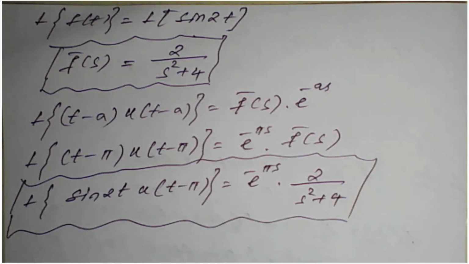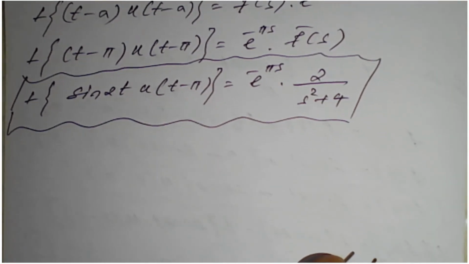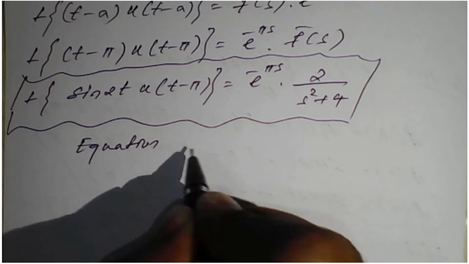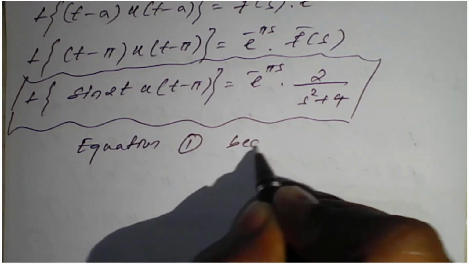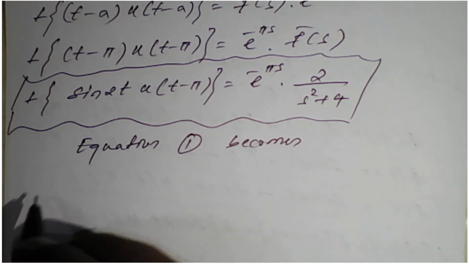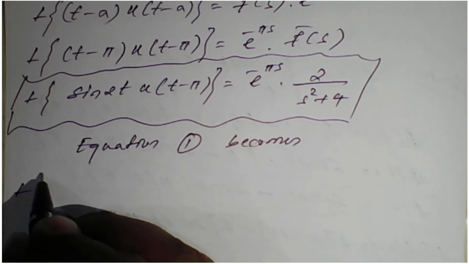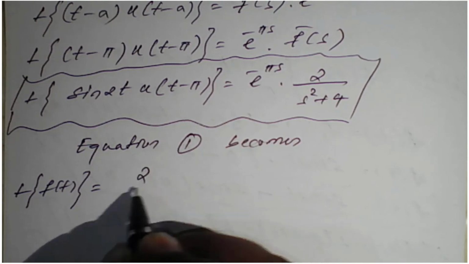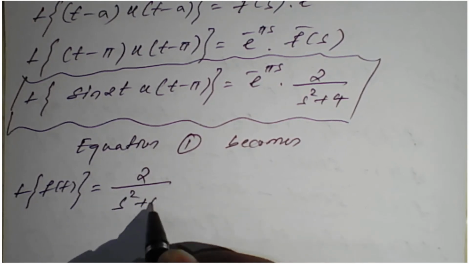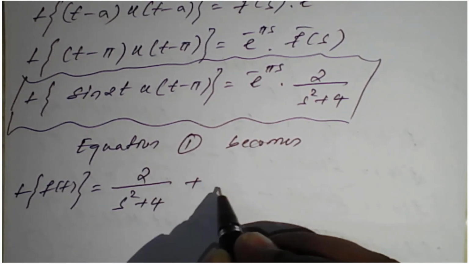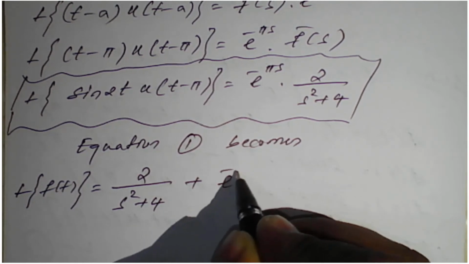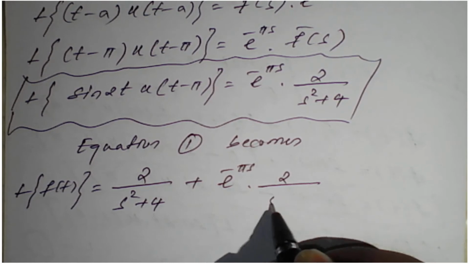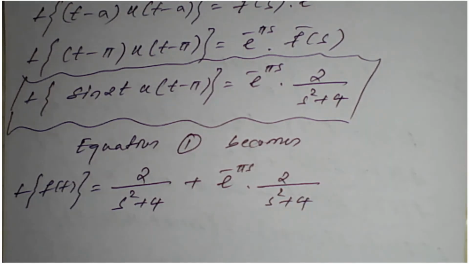Therefore equation 1 becomes Laplace transform of f of t: term 1 result is 2 upon s square plus 4, and term 2 result is e raised to minus pi s into 2 upon s square plus 4.